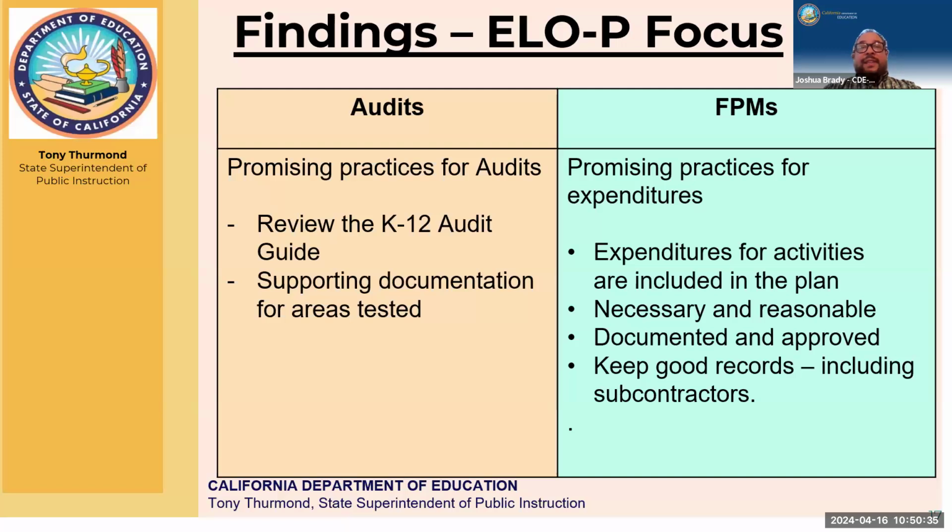I can't highlight this enough when we're looking at records of LEAs: ensure that in your agreements you are reviewing their expenditures and that we have access to them. That's really, really important because at the end of the day, the LEA is the one responsible, right? Especially for ELO-P, since the apportionment is going to the LEA. And so keeping good records, ensuring that there's transparency between yourselves and the contractors, and so on and so forth.